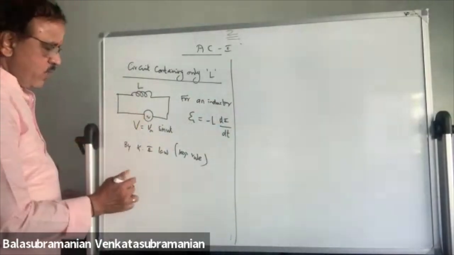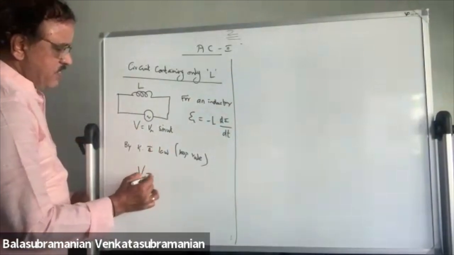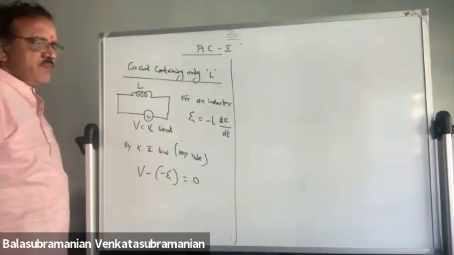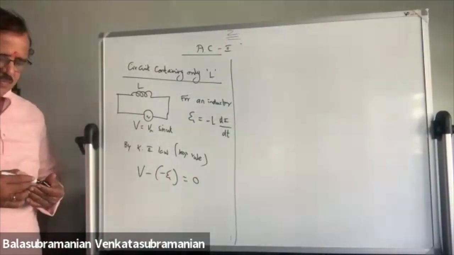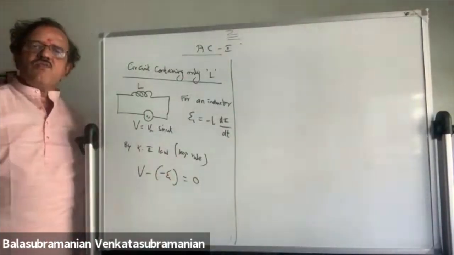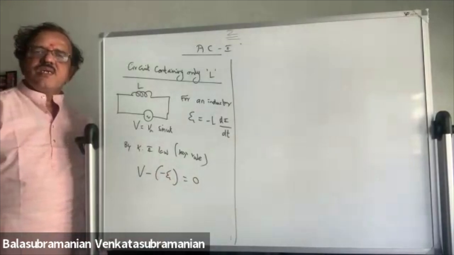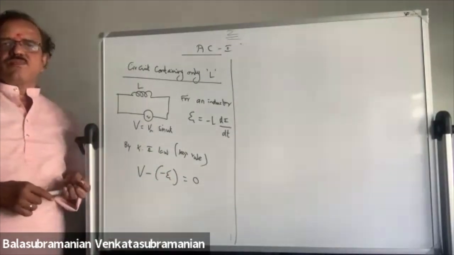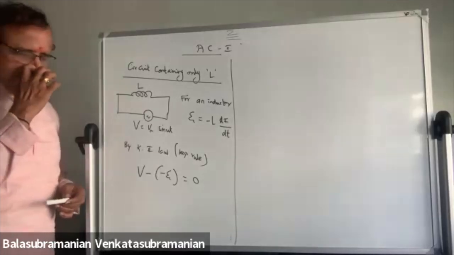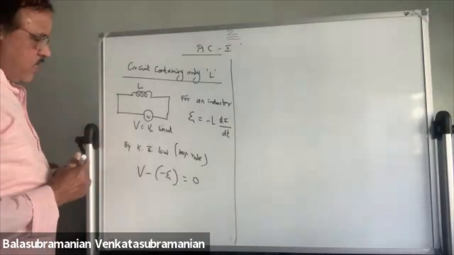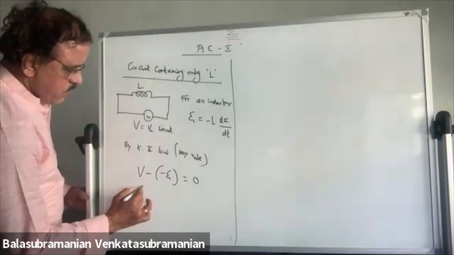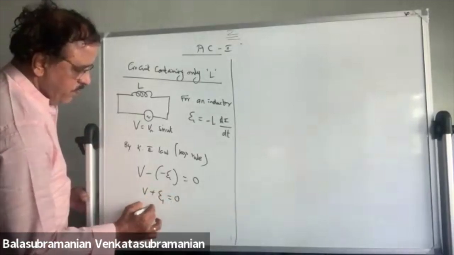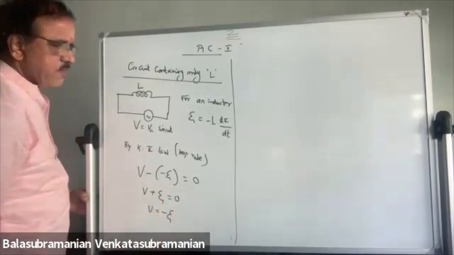So by loop rule, V minus of minus psi is equal to 0. The algebraic sum of the products of current and resistance taken around a closed network in a circuit is 0. So V plus psi is 0, V is equal to minus psi.